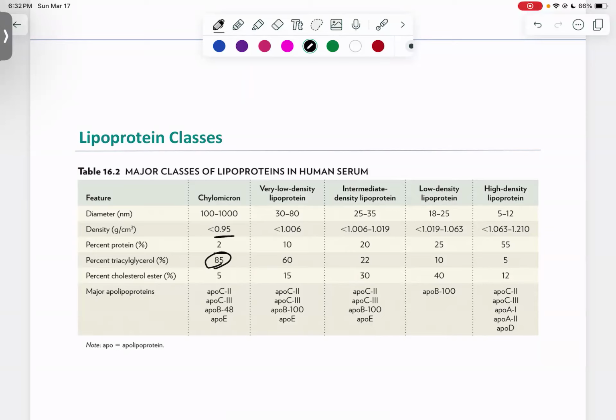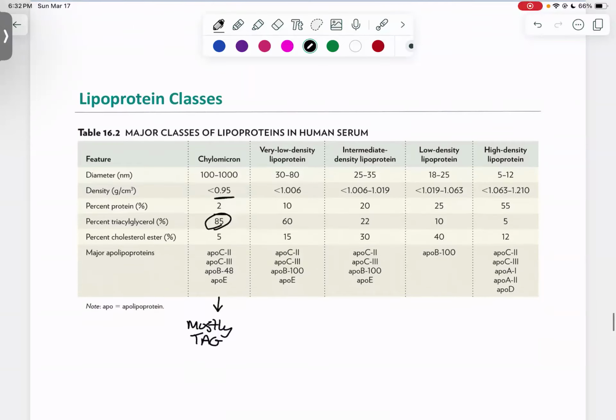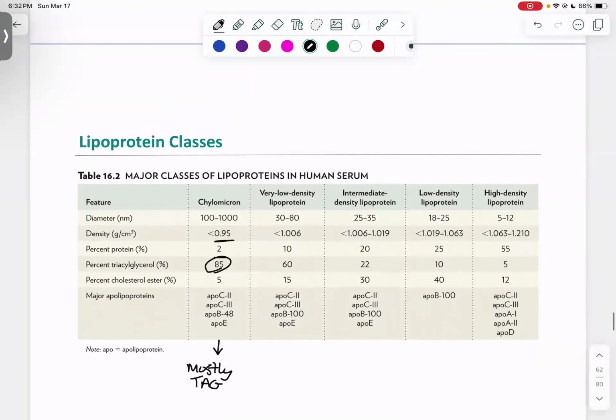So our chylomicrons are mostly triacylglycerols. That's because they're low density. If you have more fats and less proteins, low protein, that's going to give you a very low density. So chylomicrons are that first class.